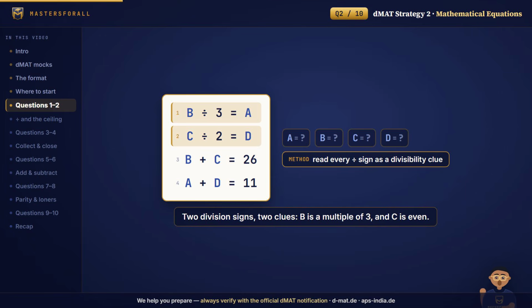B divided by 3 means B is a multiple of 3. C divided by 2 means C is even. So before any algebra, you already know a lot.